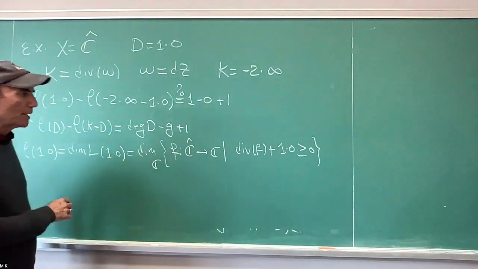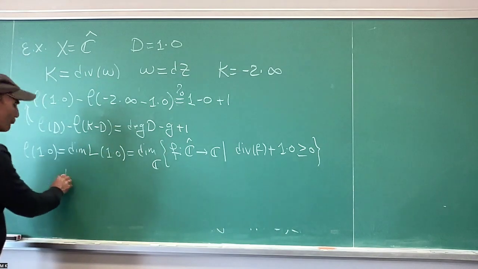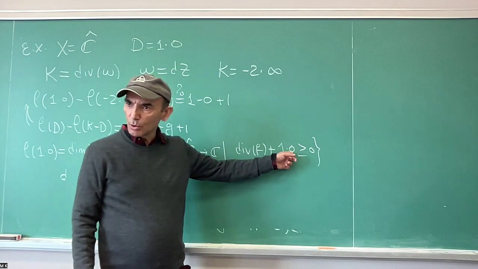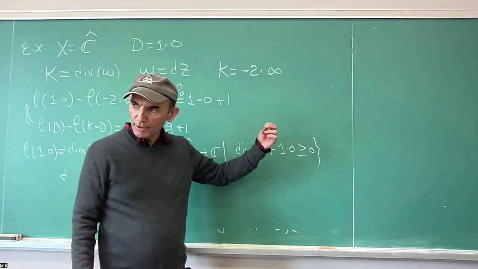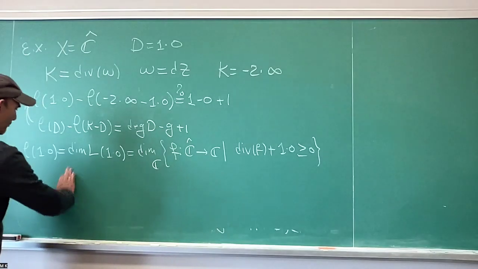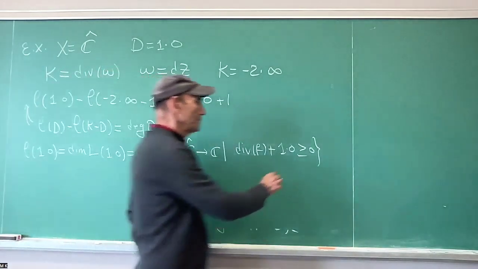So what does this mean? It means that divisor of f, there's only one condition because this divisor is non-zero only at zero, right? So there's only one condition, which means that the order of f, let me put it this way.